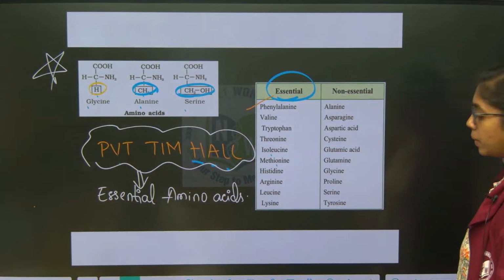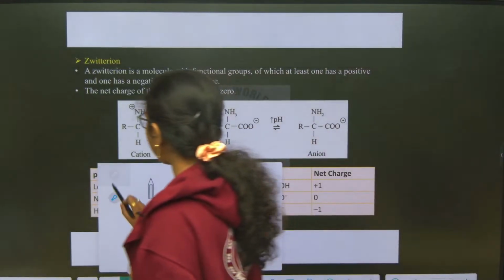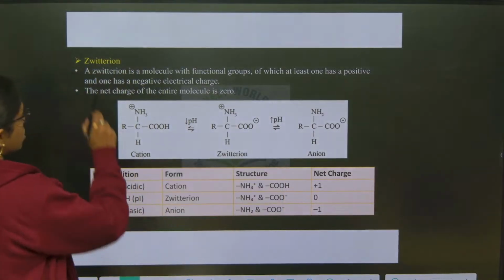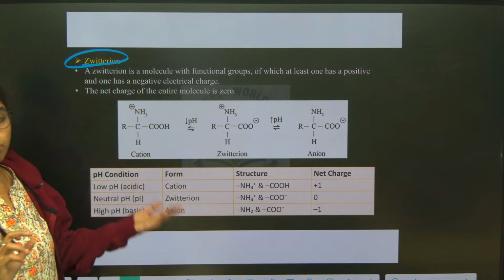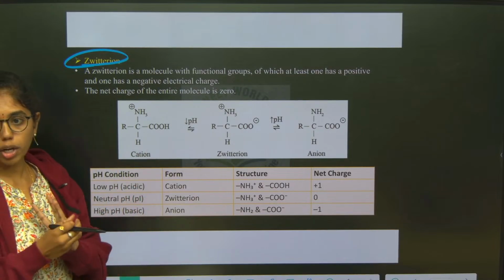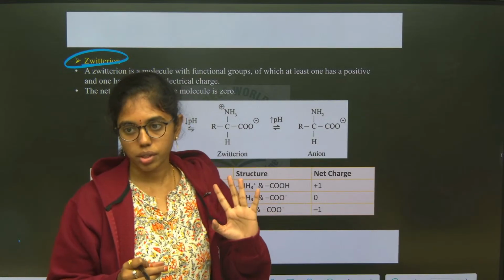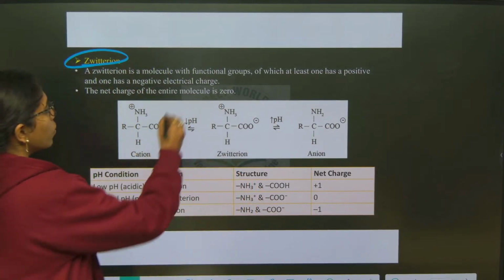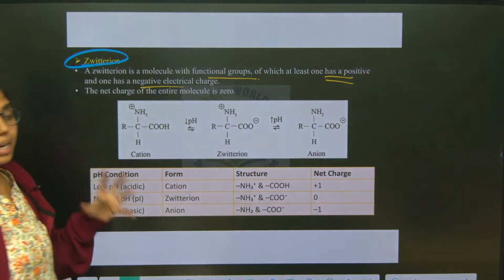Done? Next. Here you see the concept of zwitterion is applicable to amino acids. What is a zwitterion actually? A zwitterion is any molecule with a functional group having both positive charge and negative charge, at least one positive and one negative charge.